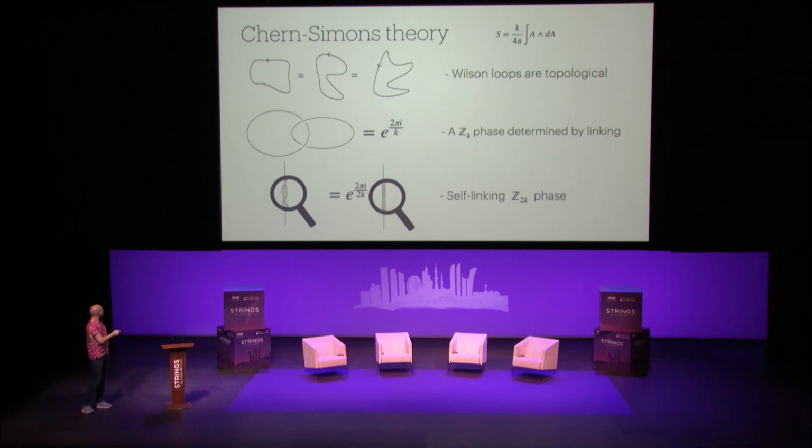There are phases associated with their linking, Z_K phases, where K is the level of the Chern-Simons theory. And there is a topological spin, the Z_2K phases, which you should really think of as these Wilson loops being some kind of strips. They can self-link, and there are phases associated with these little twists of the strips.